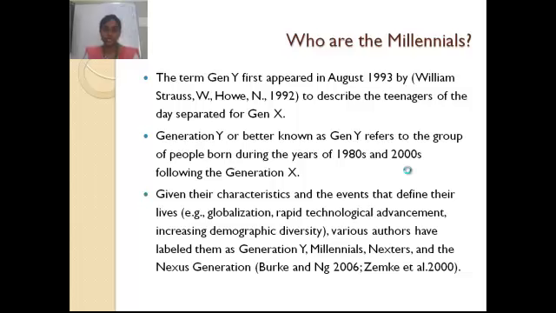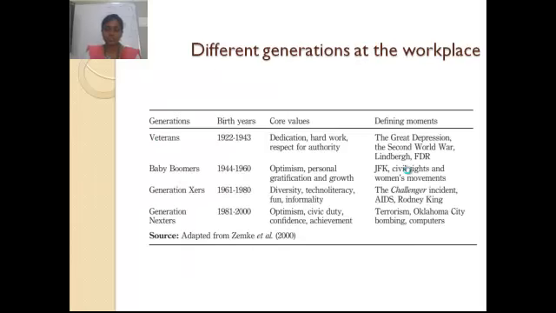Based on globalization, the rapid technological advancement, and increasing demographic diversity, they have various names such as Nexters, Nexus Generation, and Millennials and Gen Y, and so on and so forth.